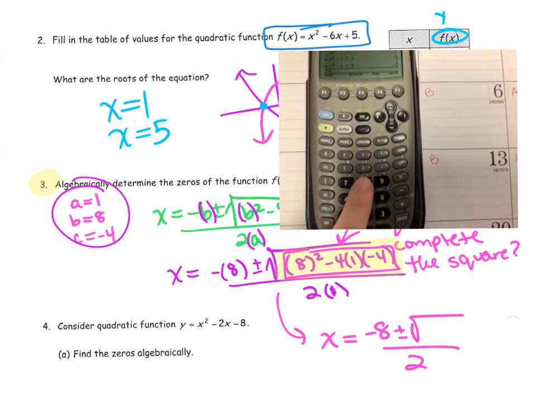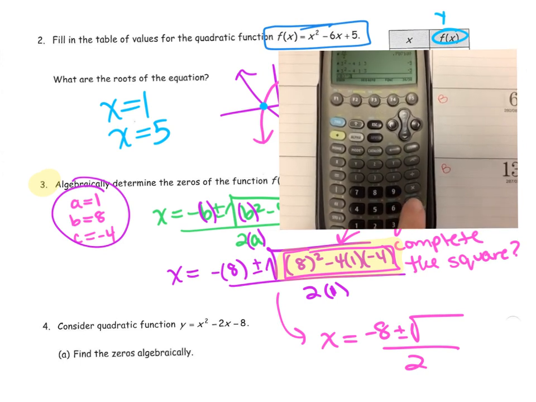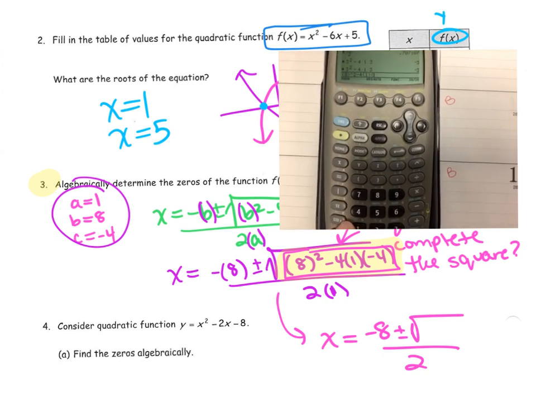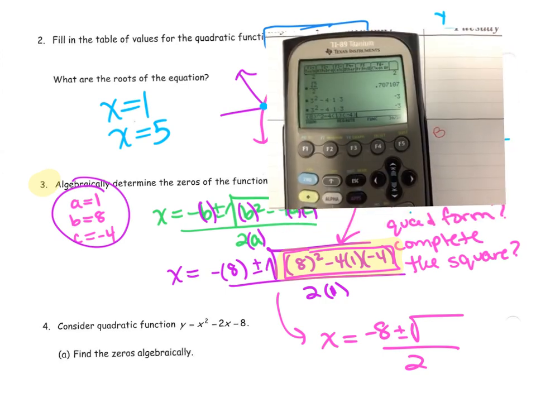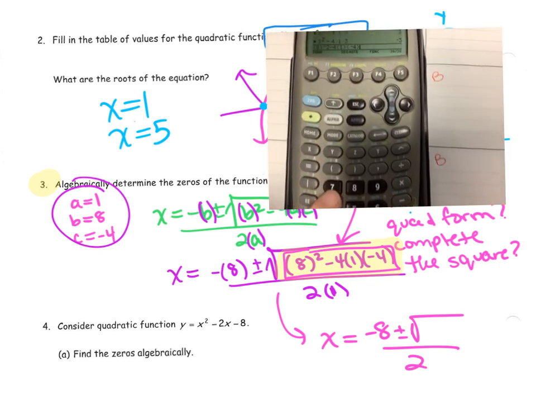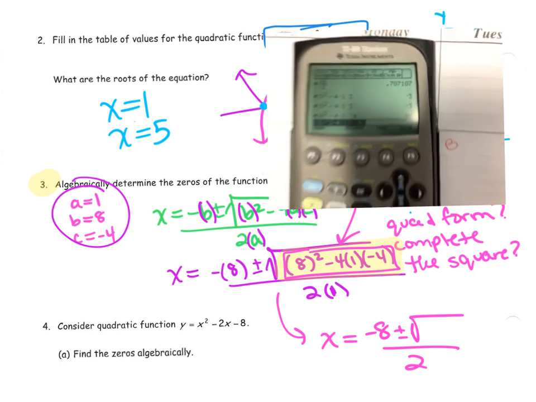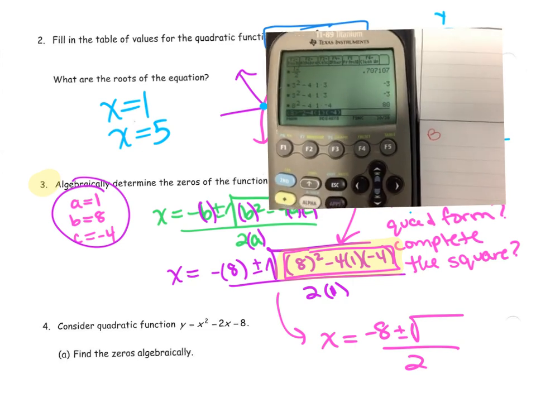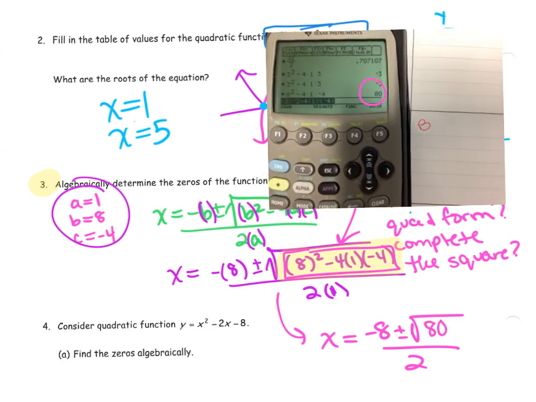So I have my 8 parentheses squared minus 4 parentheses 1 parentheses negative is down here, 4. Good morning, everyone. All right, so this is where I was. We have the negative down here. I hit 4, close the parentheses, and I'm just going to click enter. So now I have inside the radical here, so let me write that. I'm trying to balance this. We have this is now the square root of 80. That's what this value was.